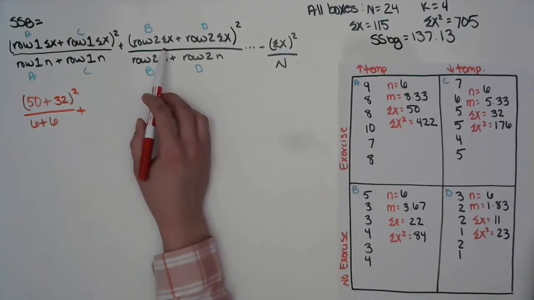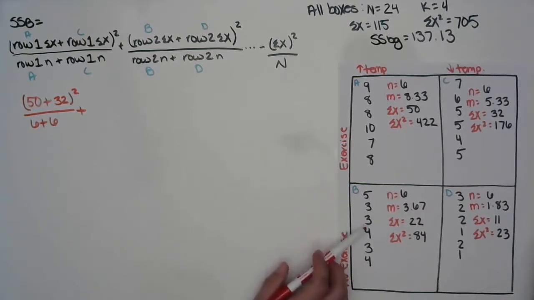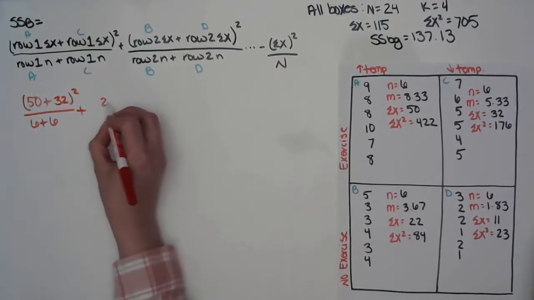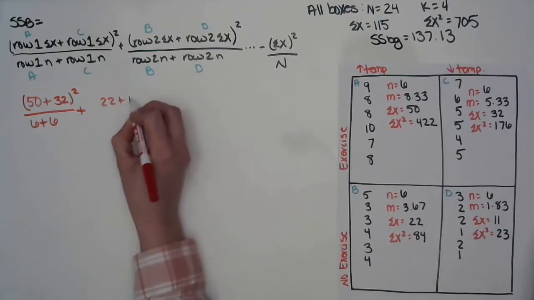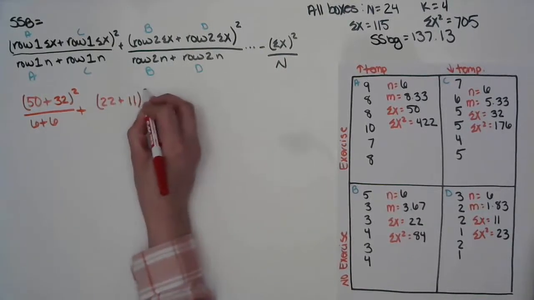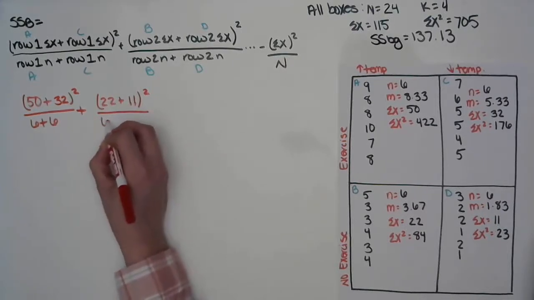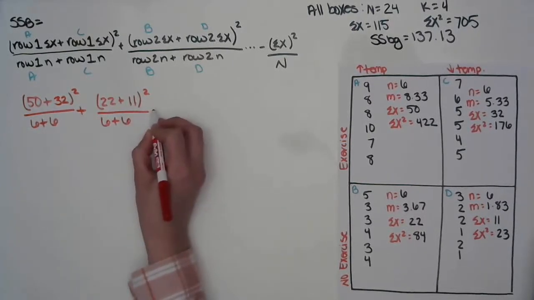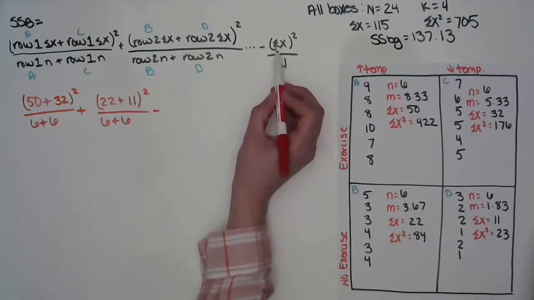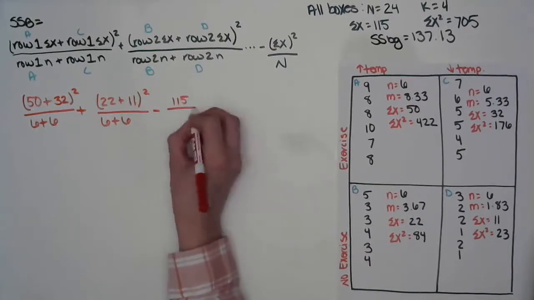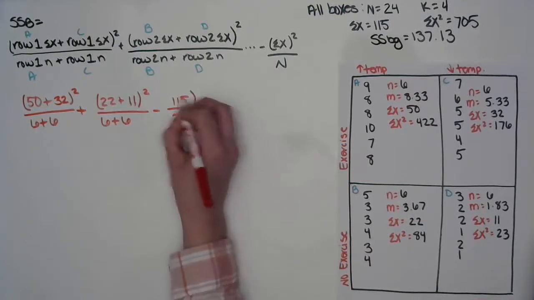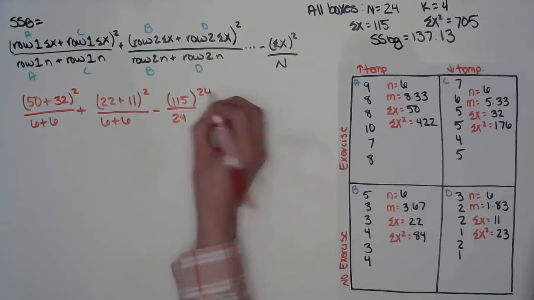So we need the sum of the raw scores for box B, which is 22, plus box D, which is 11. And then that's going to get squared. And then we're going to do 6 over 6 again. And then minus the total sum of the raw scores, which is 115 over 24, and then this gets squared.